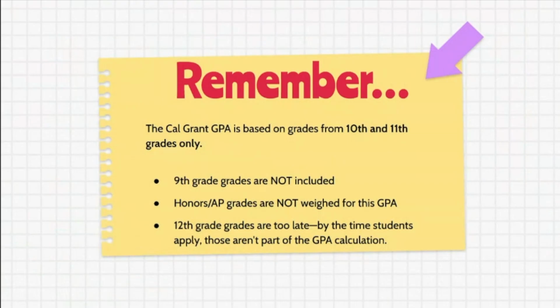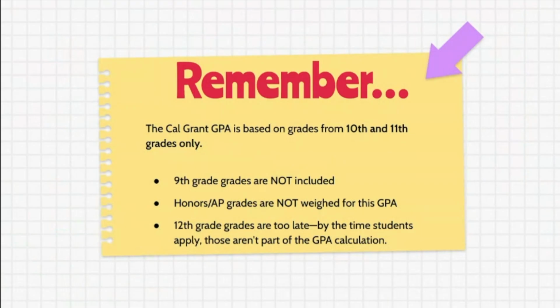All right, so please know that your Cal Grant GPA is based off of what you get on your transcript during 10th grade and 11th grade only. Your 9th grade grades are not included in this. And also please know that your honors and your AP grades are not weighted for this GPA.